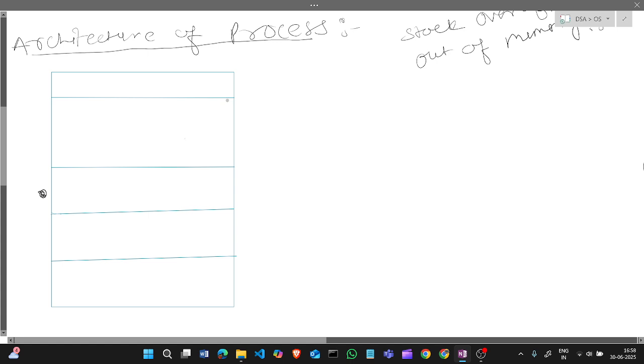What are the different memory allocations in this? This portion of a process is the stack memory, and this is the heap memory, and this is the data memory, and this is the code memory, code and text.